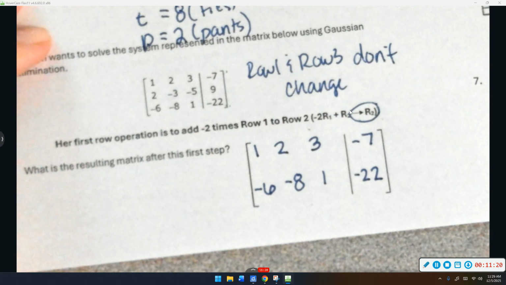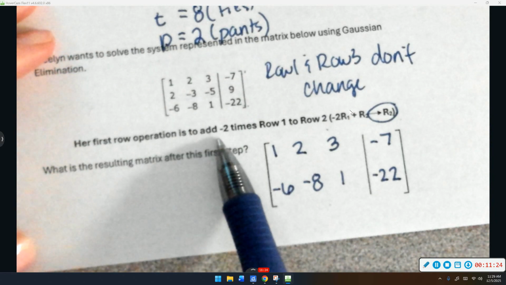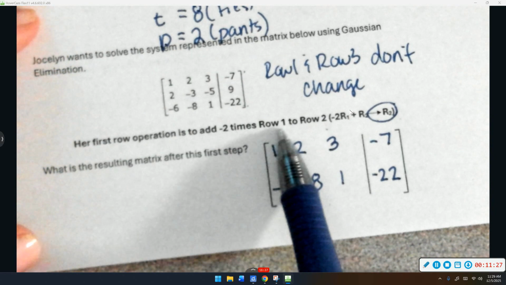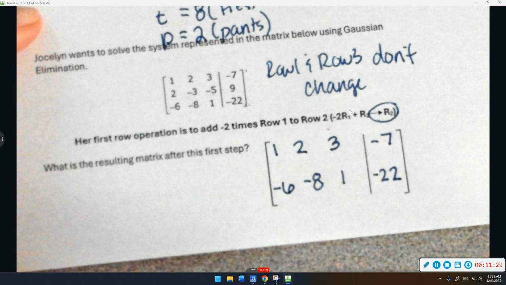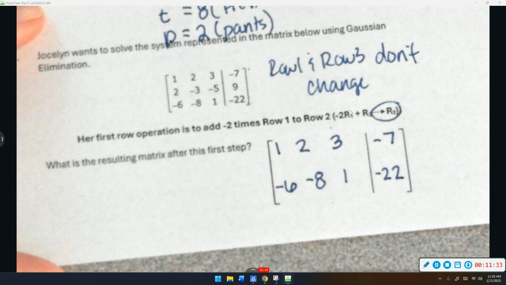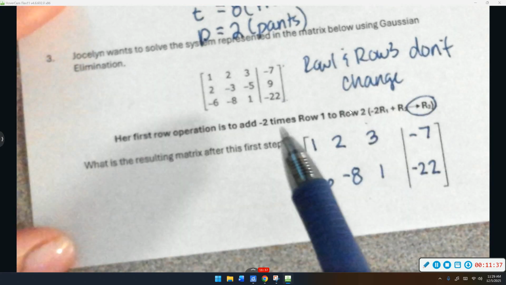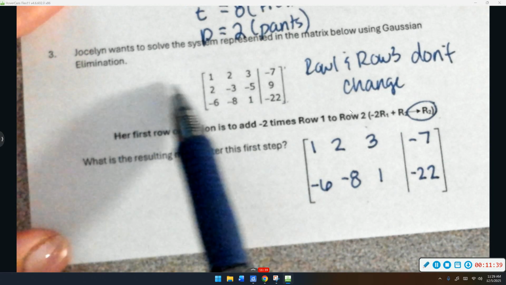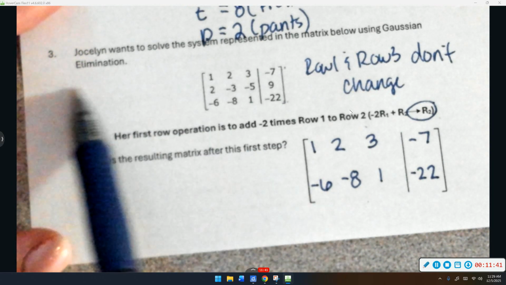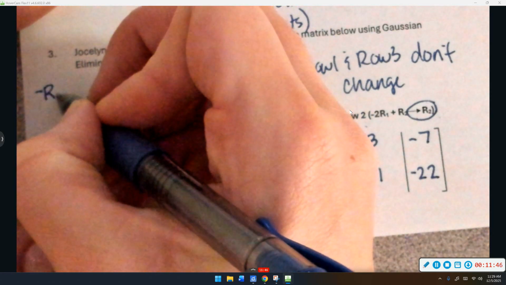Okay? But row 2 is going to change, and the command is telling me to do this. Take -2 times row 1 plus row 2. This is elimination, just streamlined. We didn't call it really rows. We just worked with it as equations. Okay? So let's take all of row 1 times -2, and I'm just going to write that down. So this is what -2 times row 1 is.